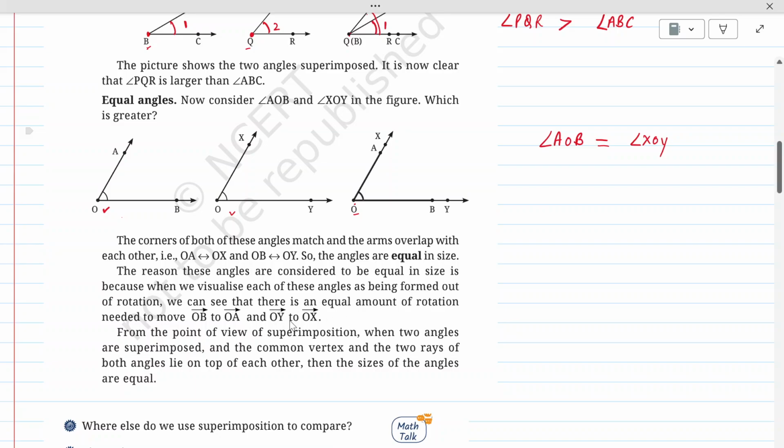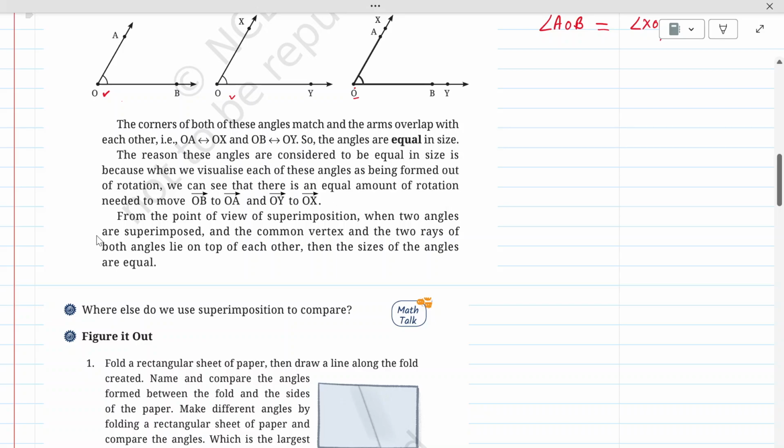There is an equal amount of rotation needed to move OB to OA and OY to OX. Both lines will take an equal amount of turn to reach the other line. So that's why these two angles are the same.